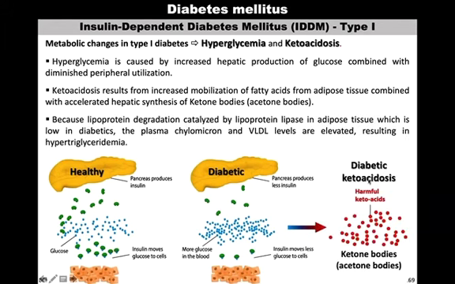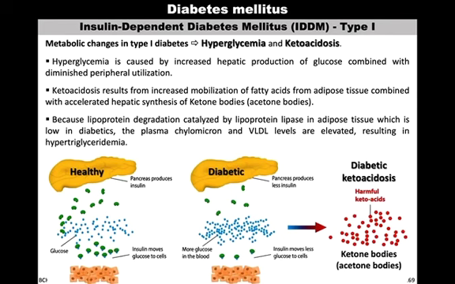So here in diabetic ketoacidosis, this glucose will be transformed. You will have ketone bodies or acetone bodies, which can be detected easily in the blood. This ketoacidosis results from the increased mobilization of fatty acids from the adipose tissue, combined with accelerated hepatic synthesis of ketone bodies or acetone bodies.